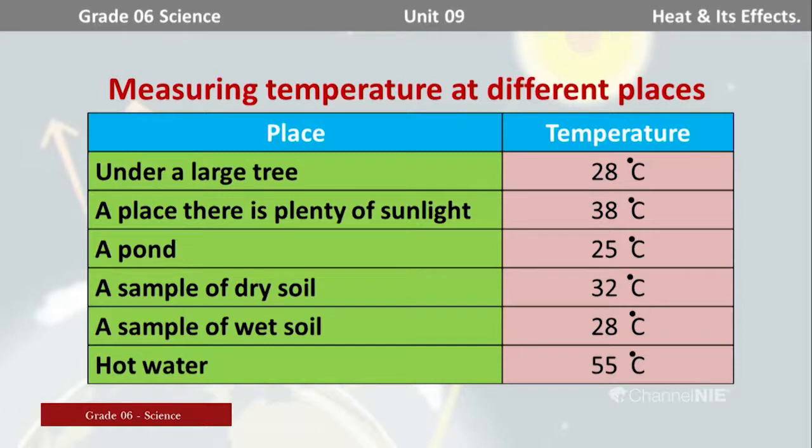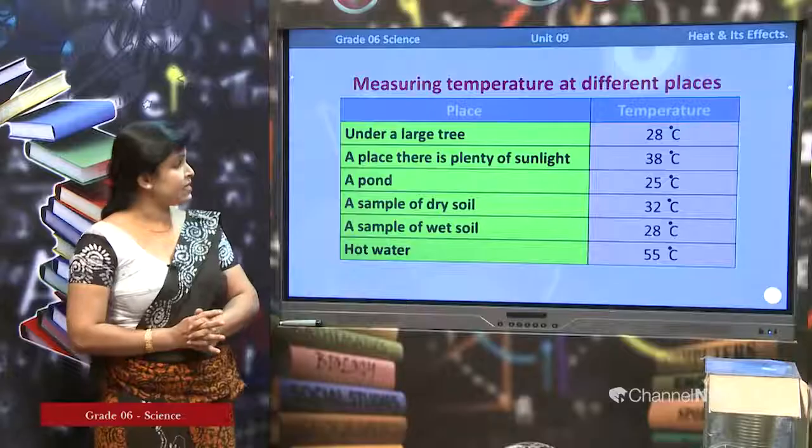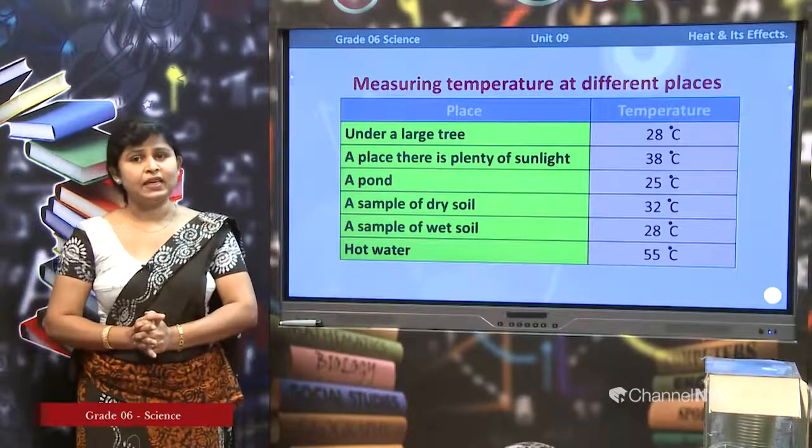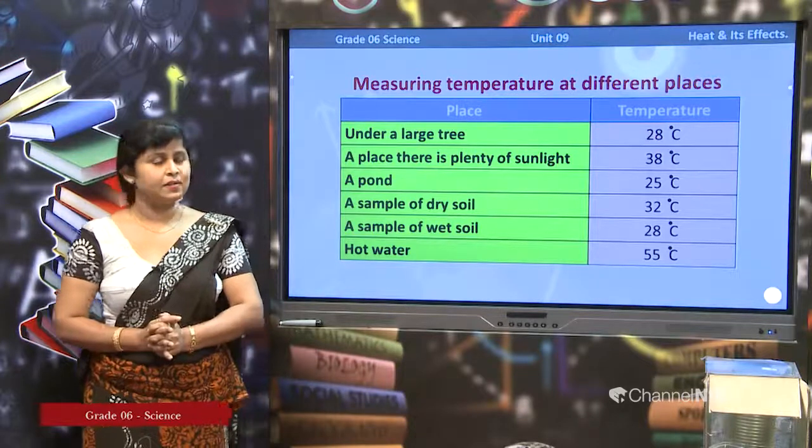Under a large tree, the temperature recorded is 28 degrees Celsius, a comparatively low value. A place where there is plenty of sunlight. This place can be a playground or a place where there is no plant cover. The temperature is comparatively high. The temperature is about 38 degrees Celsius.